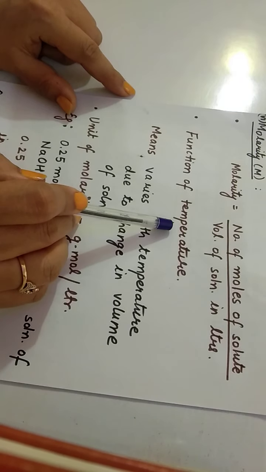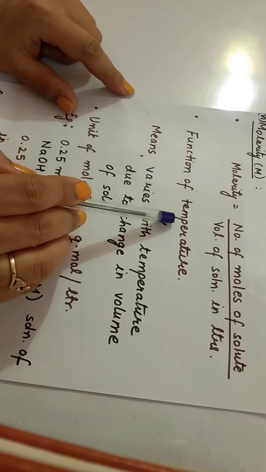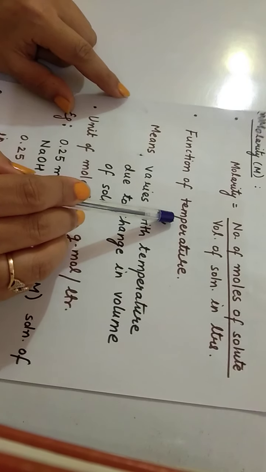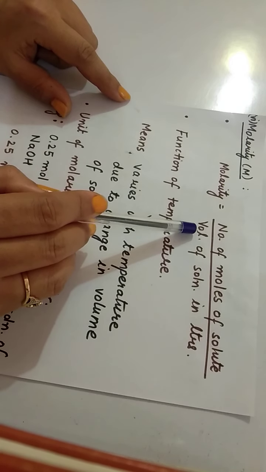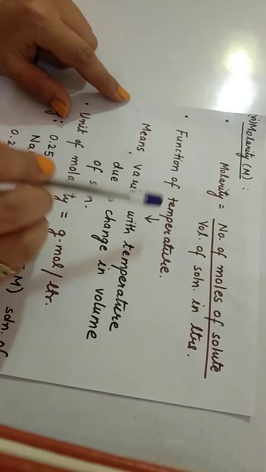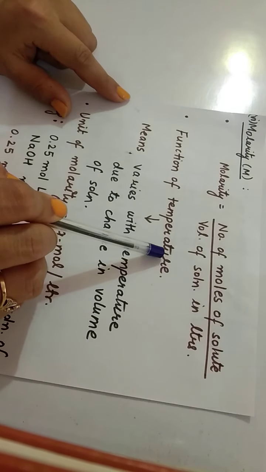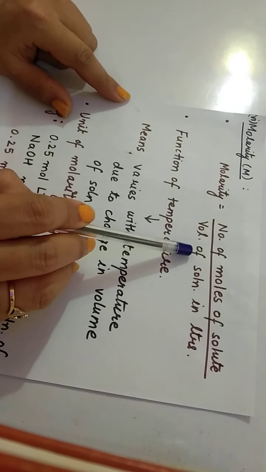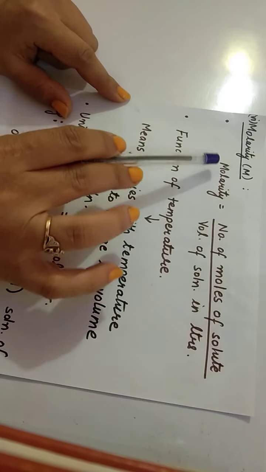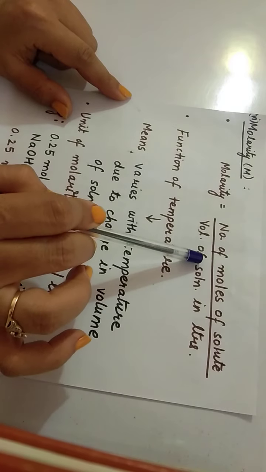What does it mean? It means that whenever we talk about temperature, if we heat any solution, then with the rise in temperature, its volume will be affected. With the rise in temperature of any solution, the volume of solution will change. And in this formula, you have volume of solution also.